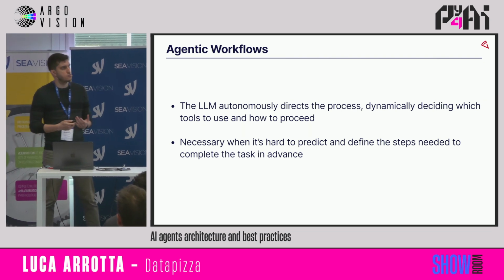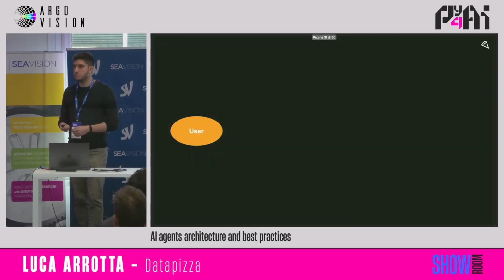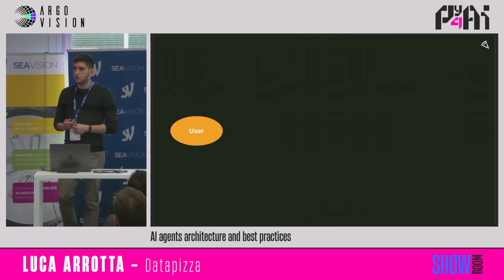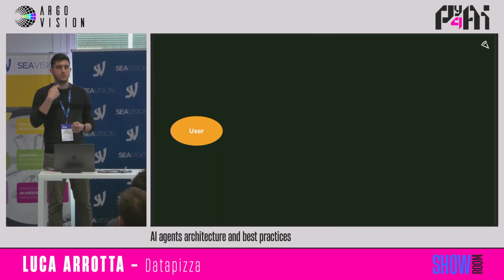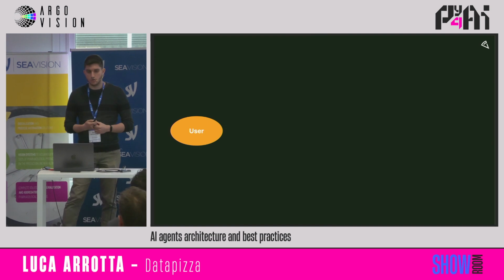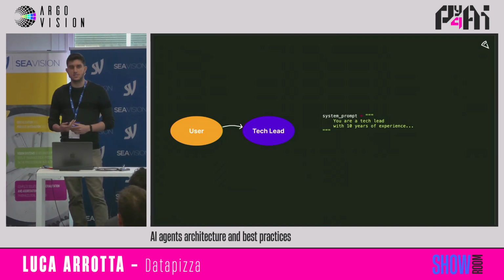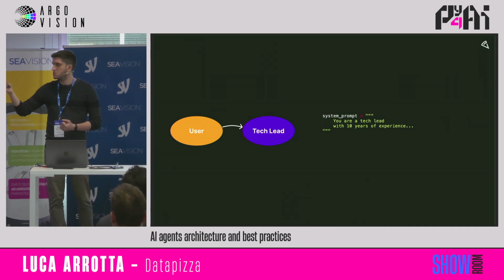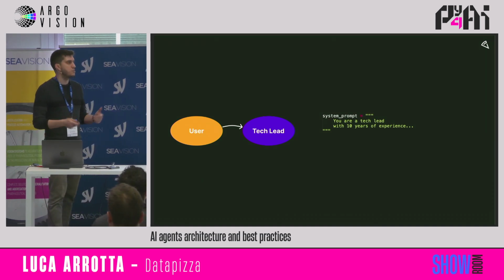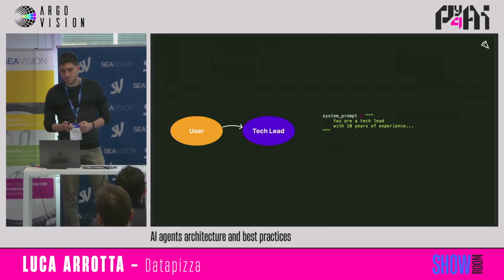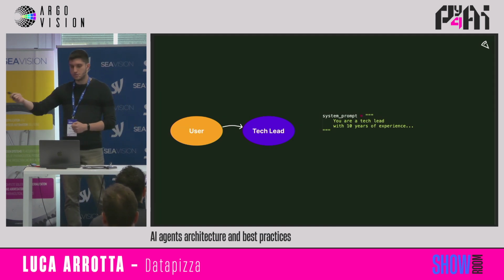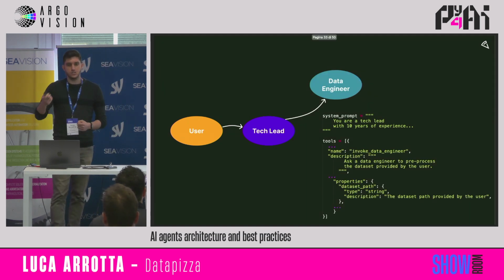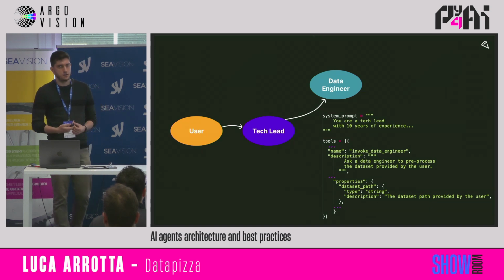For example, you want to simulate a data science team. So you have a chatbot and a user that can interact with the tech lead of this data science team. This tech lead can be an agent. So this can be the system prompt: you are a tech lead with 10 years of experience. And one of the tools of this tech lead could be another agent, which is a data engineer agent.